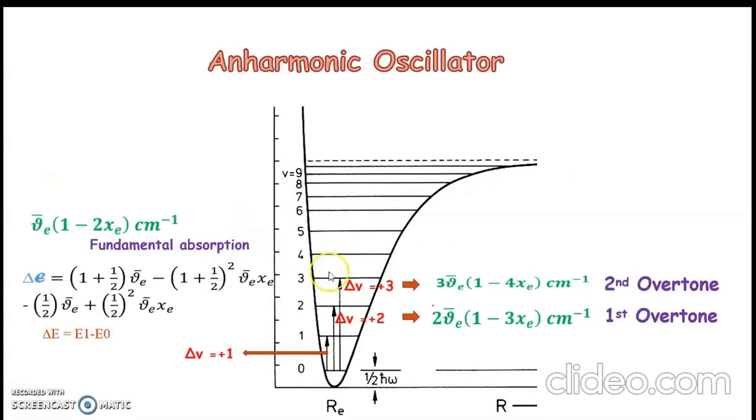For diatomic molecules, we have seen that when the restriction to simple harmonic motion is lifted, there come overtones like 2 nu bar, 3 nu bar, etc., along with the fundamental vibrations. For polyatomic molecules also, there is the possibility of first, second, etc. overtones occurring at frequencies near to the fundamental modes.